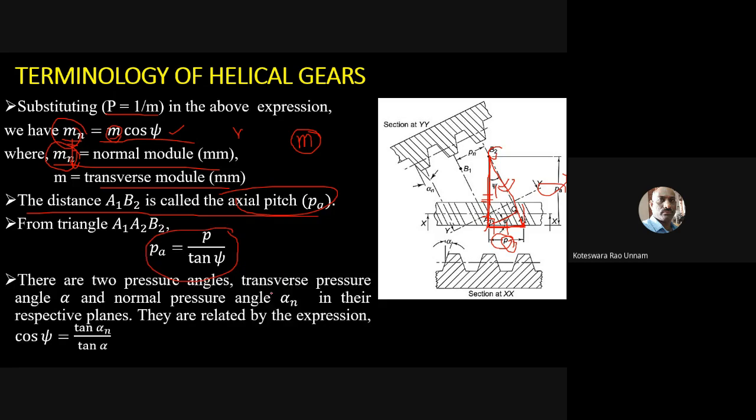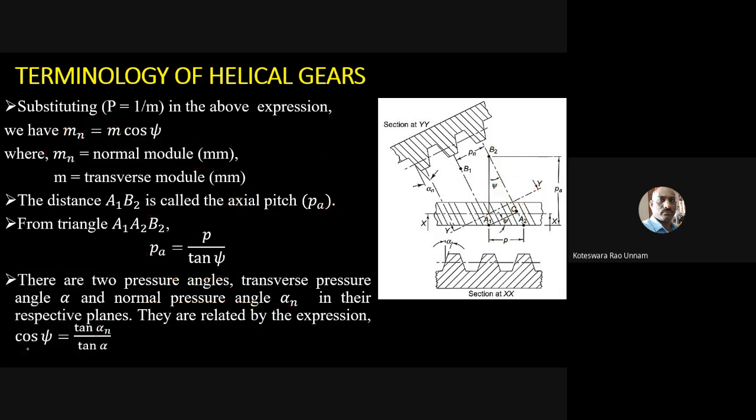There are two pressure angles, the transverse pressure angle alpha and the normal pressure angle alpha n. In their respective planes, they are related by the expression cos psi is equal to tan alpha n by tan alpha. Just like how pitches and modules are related, alpha n and alpha are also related in a similar manner.